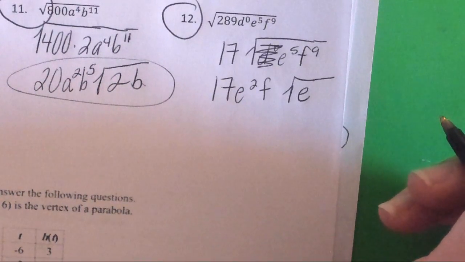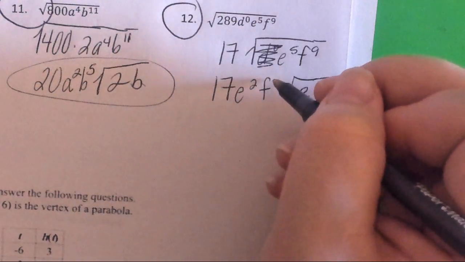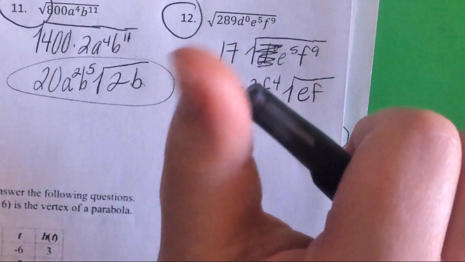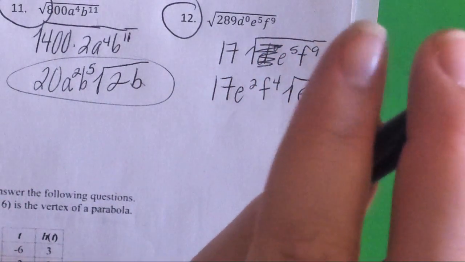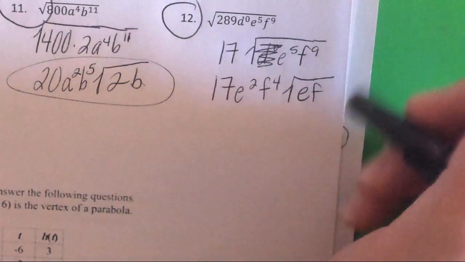Wouldn't it be f to the 4? Yes, it'd be 4 because then we have 1. It's f to the 4 with 1 left over. So 2, 4, and 6 can have a point.